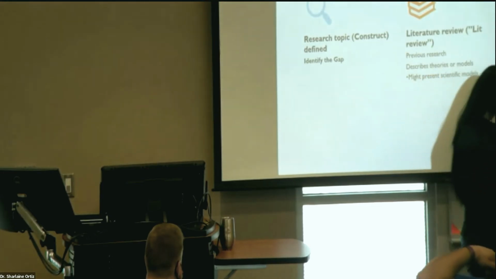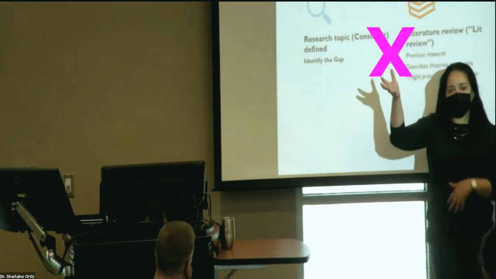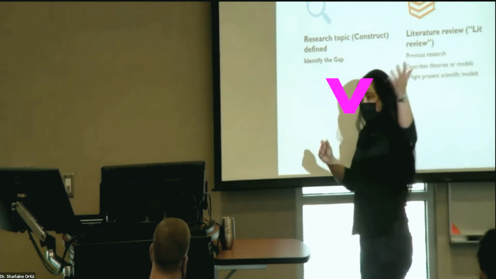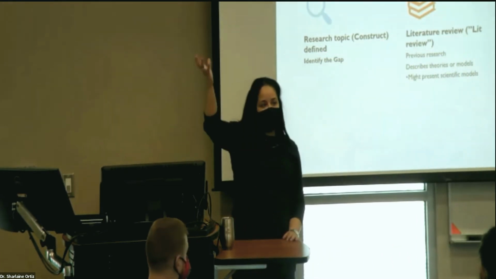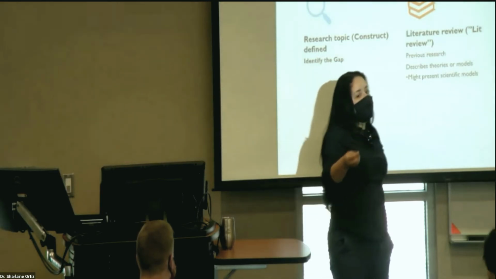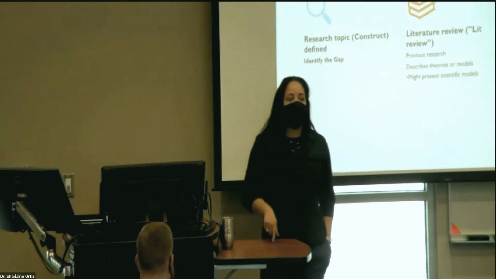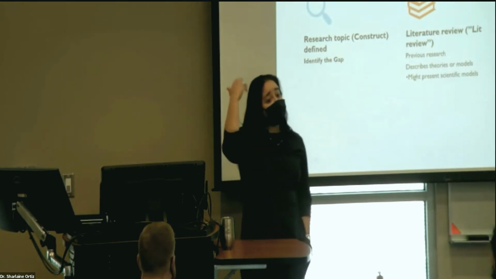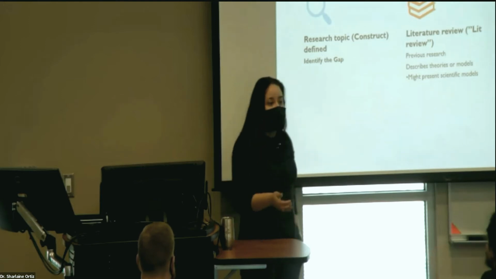That is a prediction. The more X, the more Y. The less X, the less Y, right? So that's the intent of a hypothesis. Because your research is going to seek whether or not I'm going to accept or reject that hypothesis.